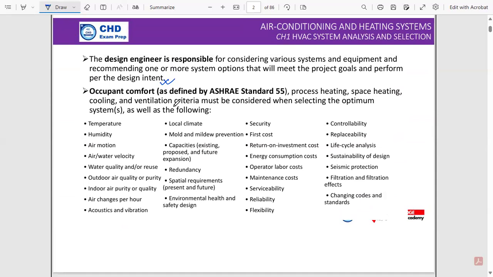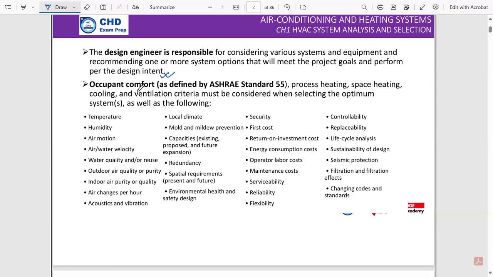And if you go for commercial spaces and other spaces, the main focus is occupant comfort. And if you go to hospitals and labs, there are some other important parameters that help you design the project. Now, occupant comfort is largely described in ASHRAE Standard 55.